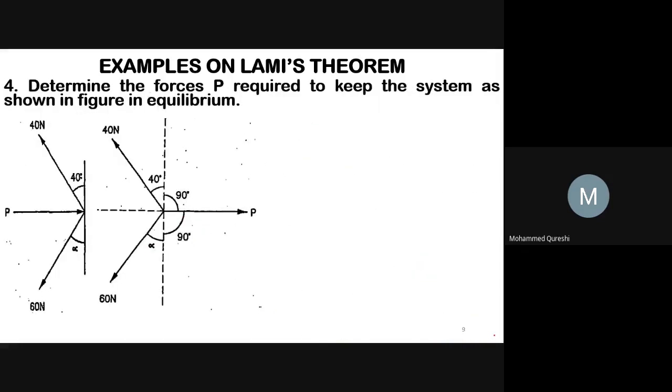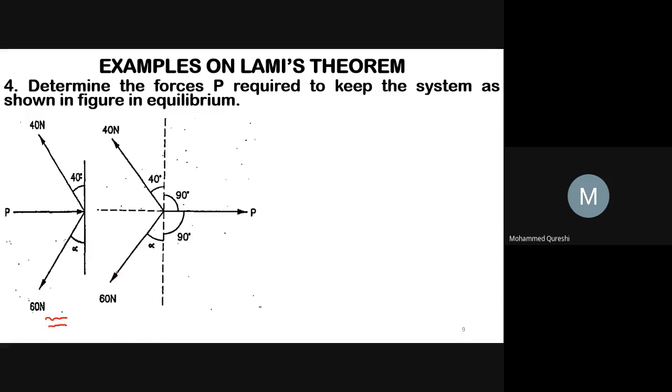Now we will go for another example. Determine the force P required to keep the system as shown in equilibrium. Since the system is in equilibrium, we have to first draw the free body diagram for the given figure.